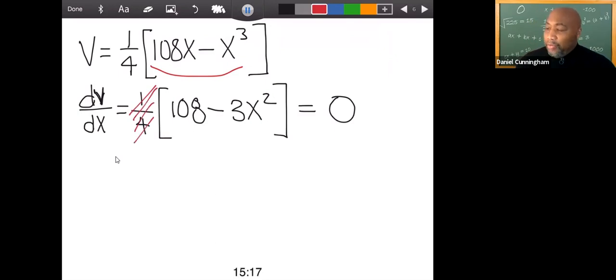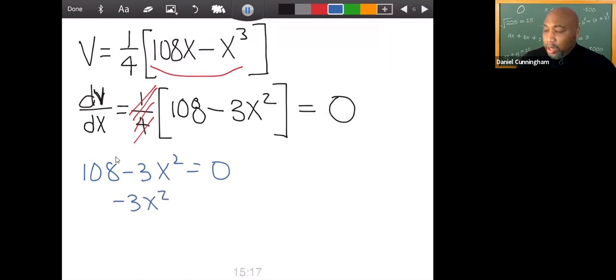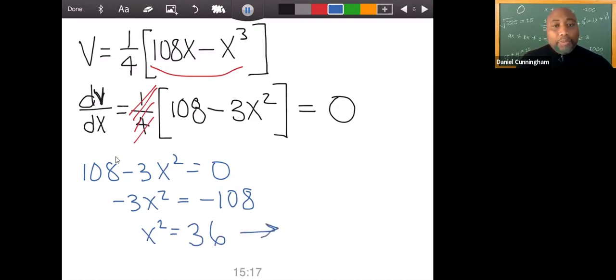When we solve, I'm going to write this in blue. We have 108 minus 3x squared equals 0. We have negative 3x squared equal to negative 108. X squared, get it by itself, is equal to a positive 36. And then we solve for x. Take the square root, plus or minus, on both sides.